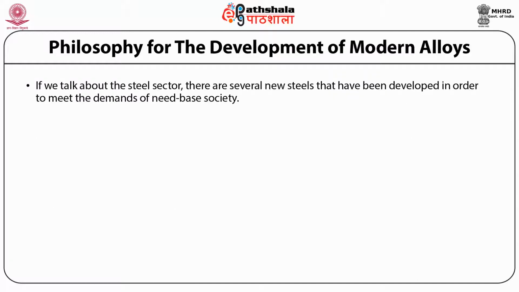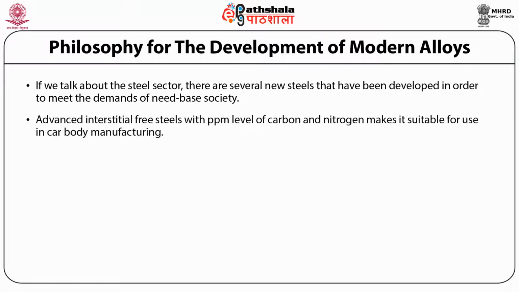About the steel sector, there are several new steels that have been developed in order to meet the demands of a need-based society. Advanced interstitial free steels with ppm level of carbon and nitrogen make it suitable for use in car body manufacturing.